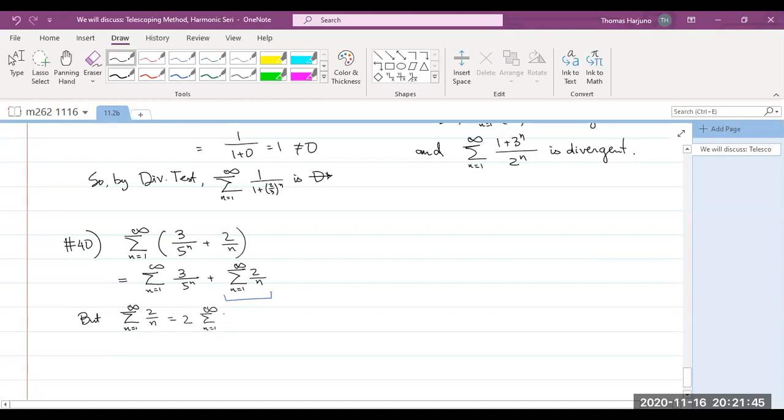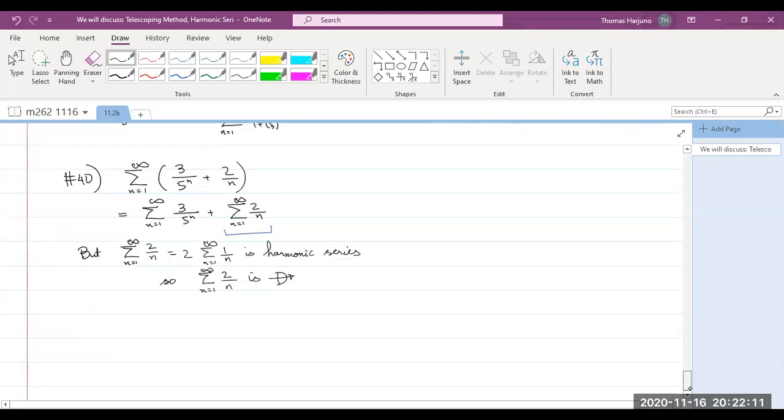I rewrite that as 2 times the harmonic series, so the series is divergent. Therefore, the whole series, because part of it is divergent, must be divergent.